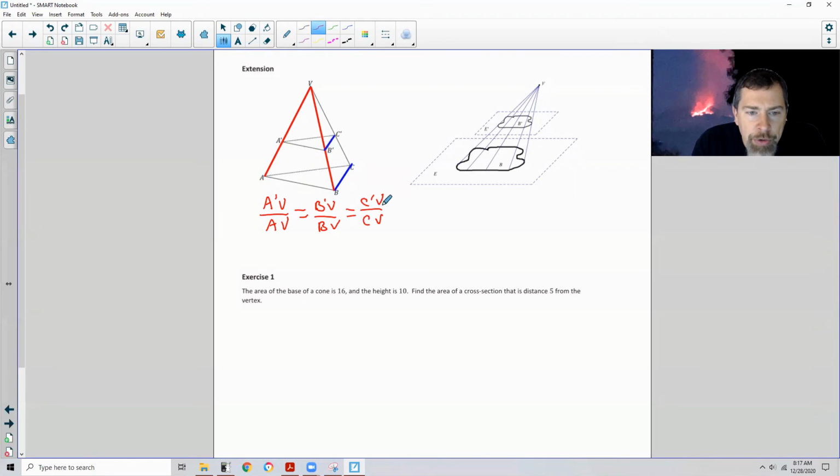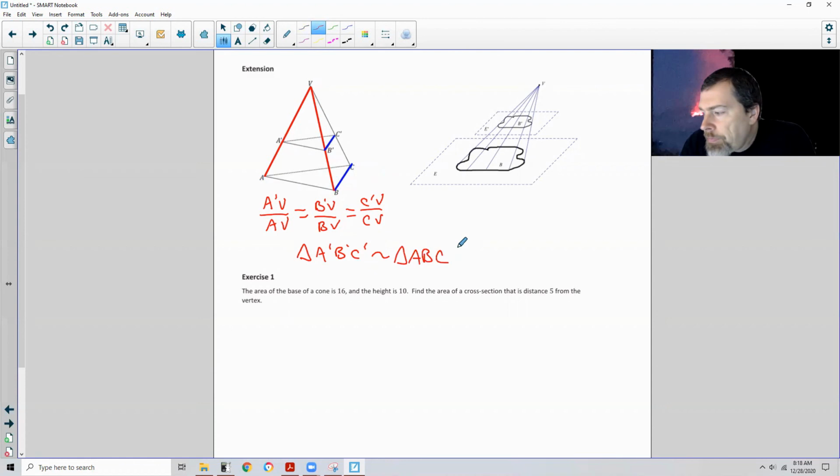So now we have all three, because the backside's already, basically, we could continue with that and say CV is to AV, and we're back to over here. So since these are all equal, we have a proportional setup, then we can say that triangle A prime, B prime, C prime is similar to triangle ABC by side, side, side similarity.